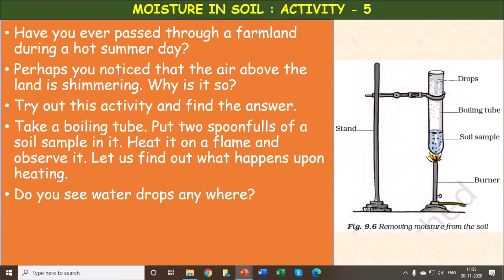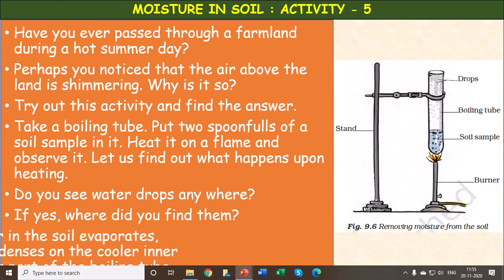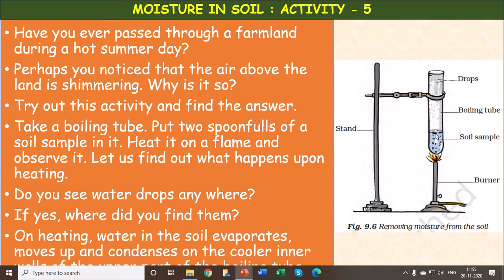What happens upon heating? Do you see water drops anywhere? If yes, where did you find them? You will find them on the edges of the glass tube. On heating, water in the soil evaporates.